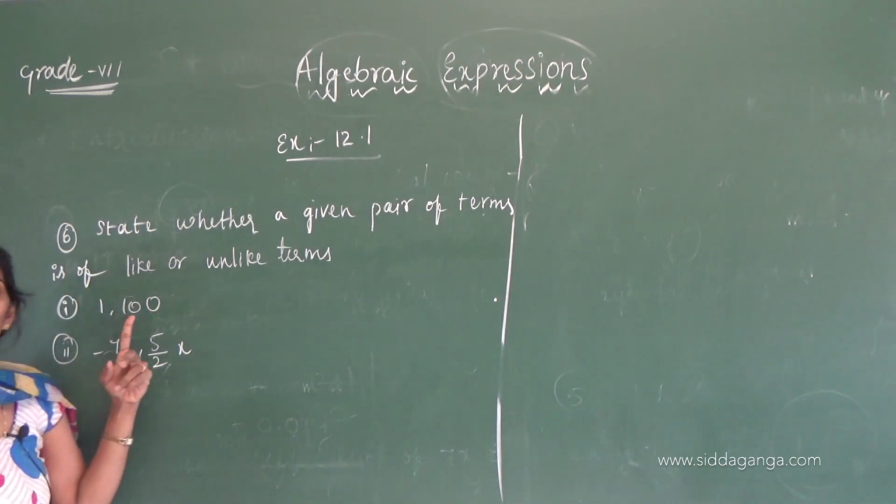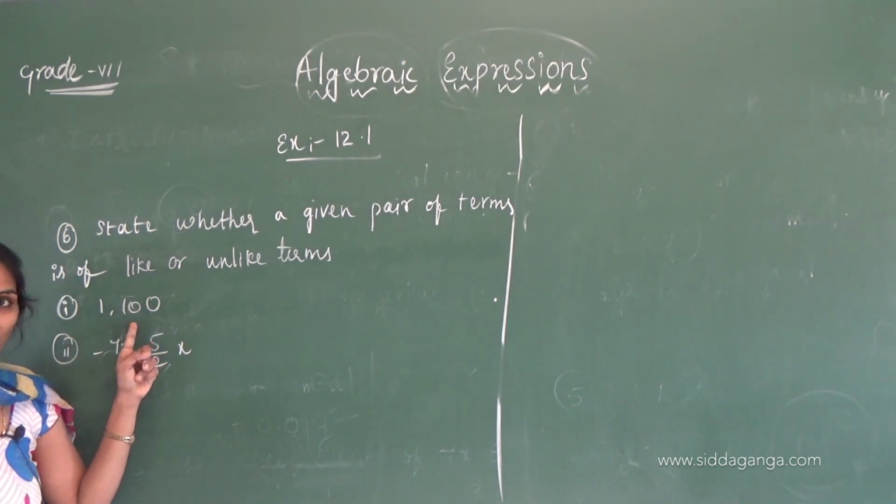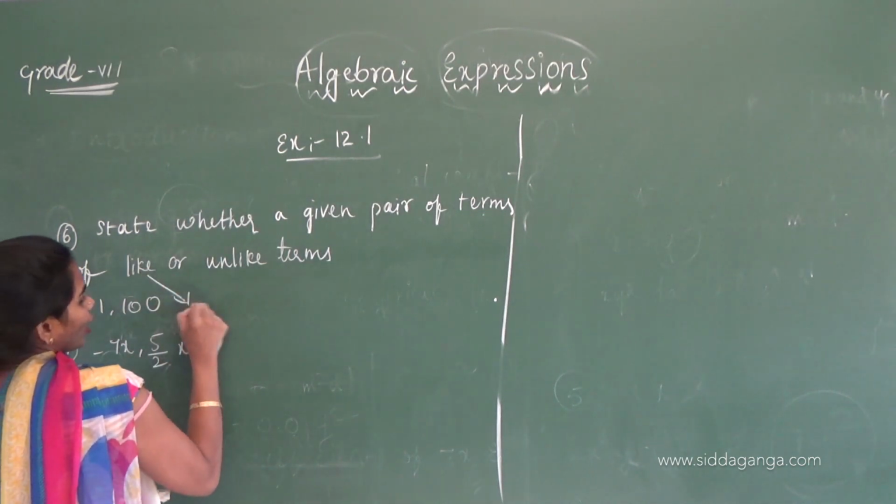Here see, 1, 100. Both are constants only. That's why they are like terms.